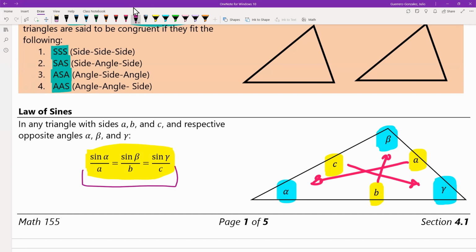The idea is you can choose the two that you really need. So for example, I can do sine alpha over A is equal to sine gamma over C, right? Or I can do sine beta over B is equal to sine alpha over A. It really depends on which one you want to use, okay?